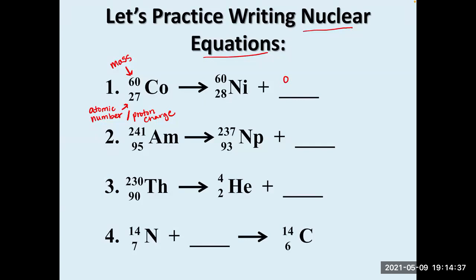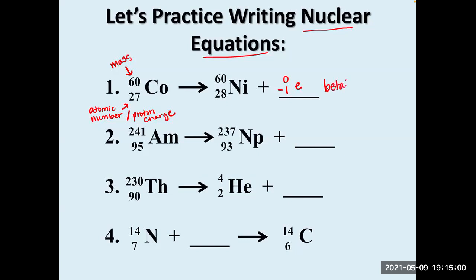I have 27 for my atomic number, but on my product side, I have 28. So I need to take away 1. Well, 0 and -1, that is the charge of the electron, which means that this is a beta particle.